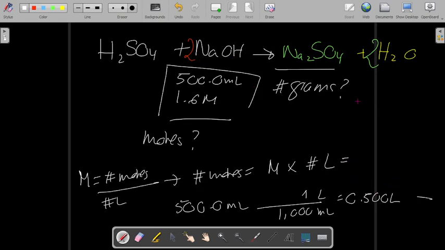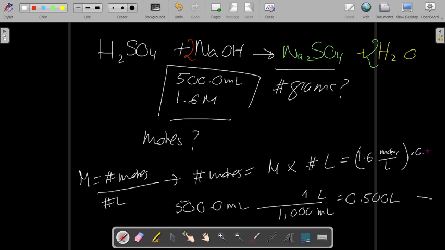So I'm going to put all the information in here. So molarity, 1.6 molarity, multiplying. I'm going to remember that molarity is just moles per liter. Okay, that's what it is. So you can see how the units come out nicely.